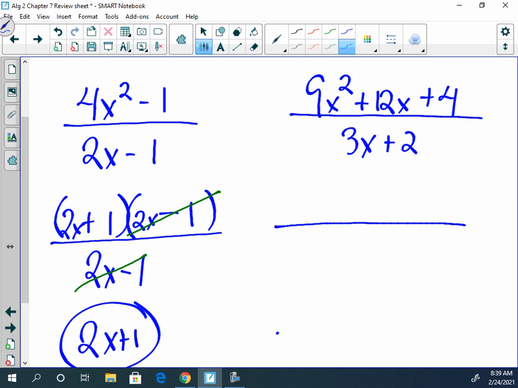Now, when I look at this here, this is going to factor. Since 4 is positive and the middle term is positive, we have plus and plus.